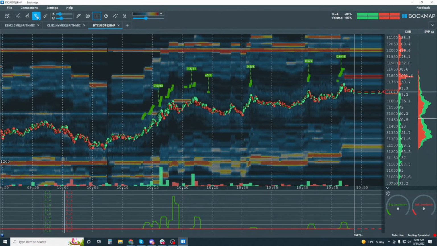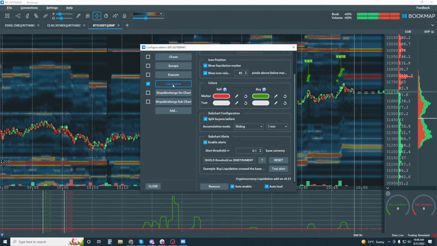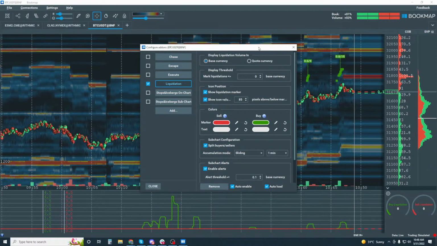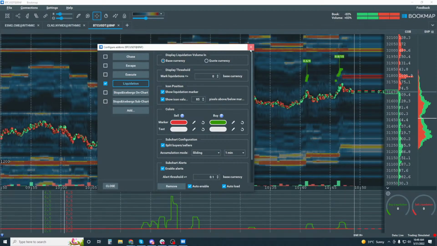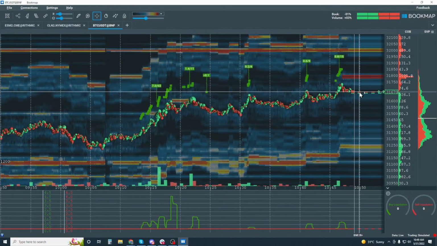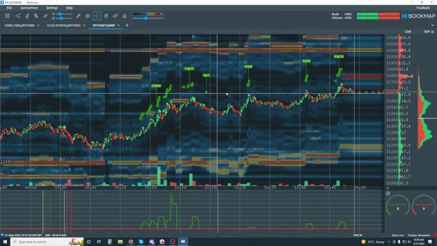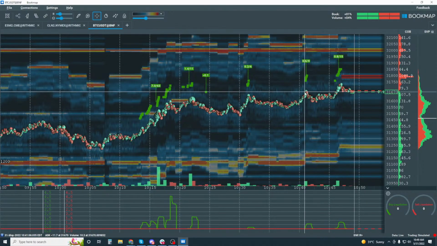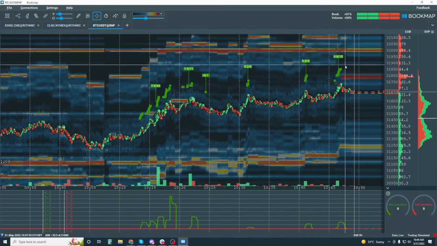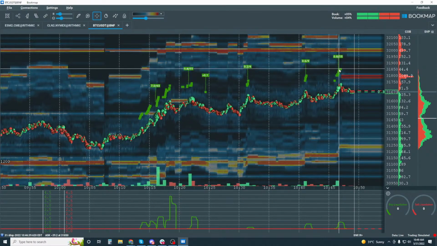Now it's filtered in this liquidations here. I'm looking at a certain amount, and I'm just not seeing any right now. So the market here is continually pushing to the upside and finding buyers.